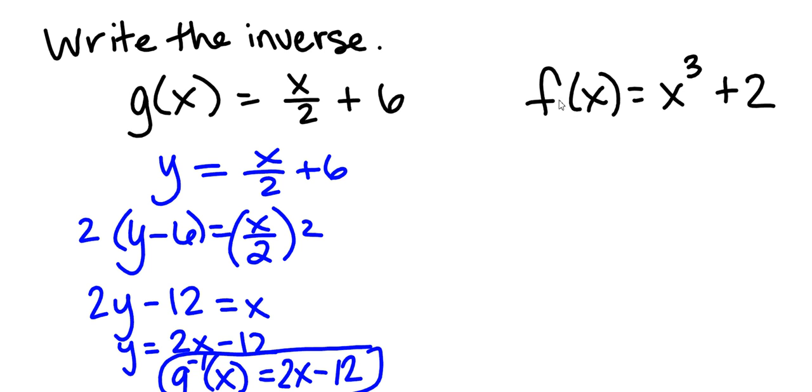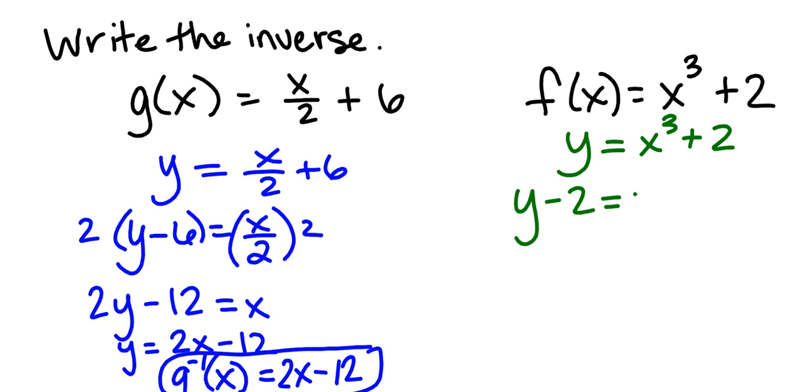All right, so for the next one, we're going to find our inverse here also. So we set this equal to y. We want to get our x by itself, so we have to subtract 2 first. And then, how do we undo a cube? Well, we have to do the cube root. So if our exponent is to the third, we'll have to do the third root of both sides.